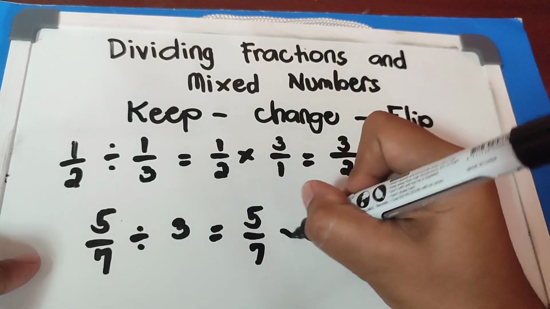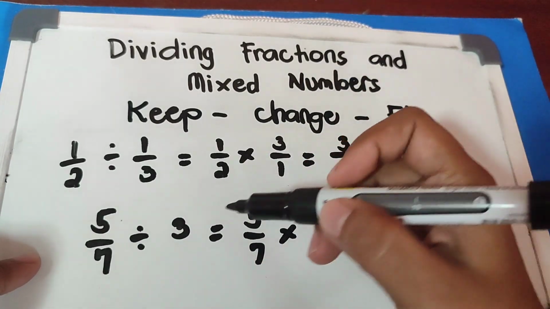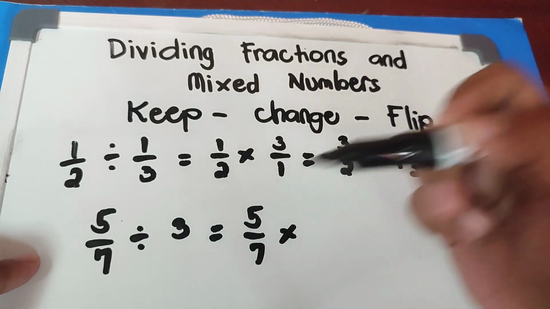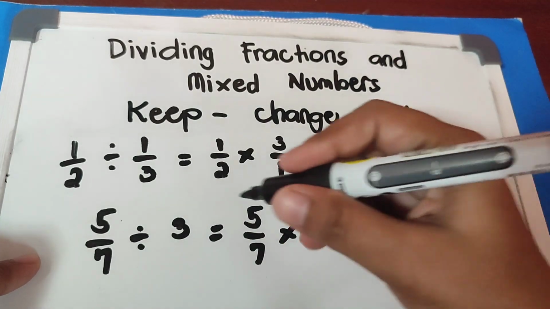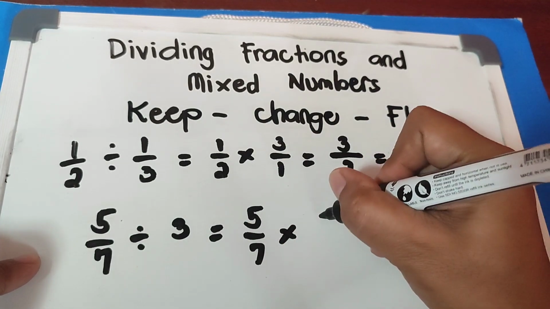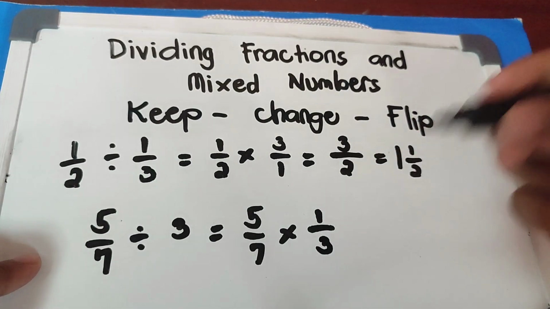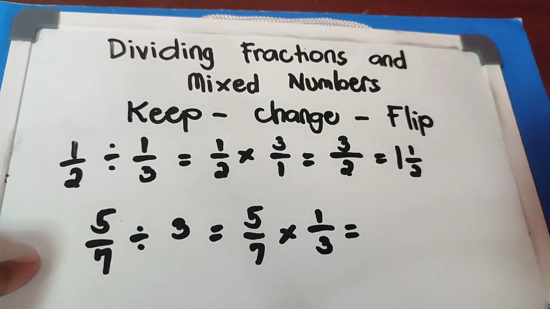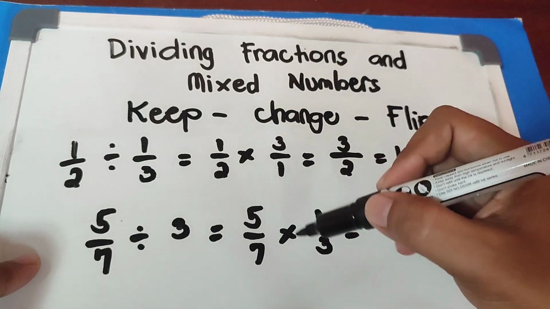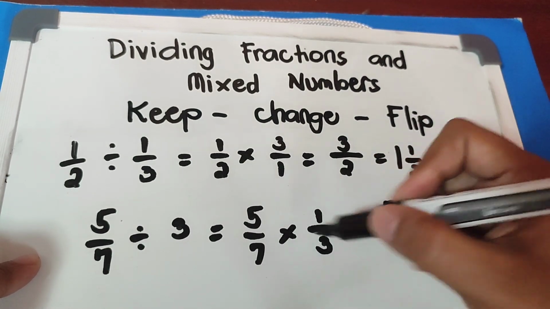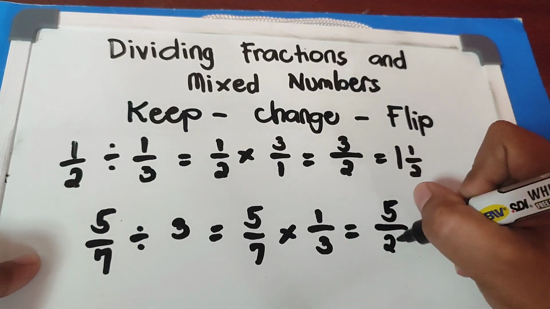Change this into multiplication and get the reciprocal of 3. The reciprocal of 3 is 1/3. Then multiply. 5 times 1 is 5. 7 times 3 is 21.